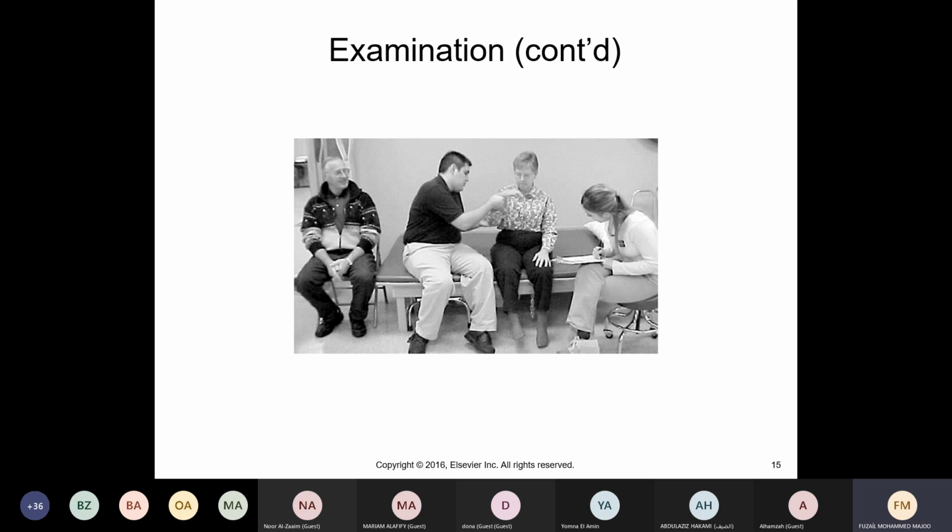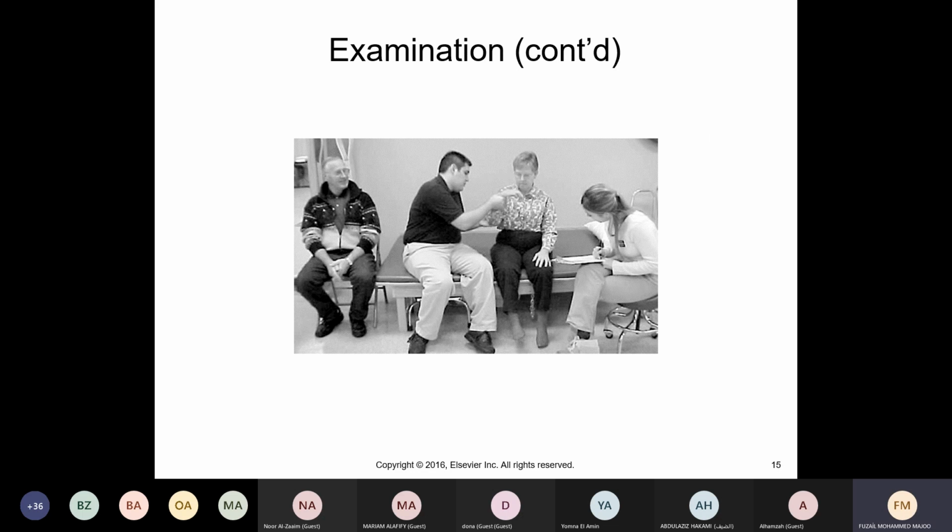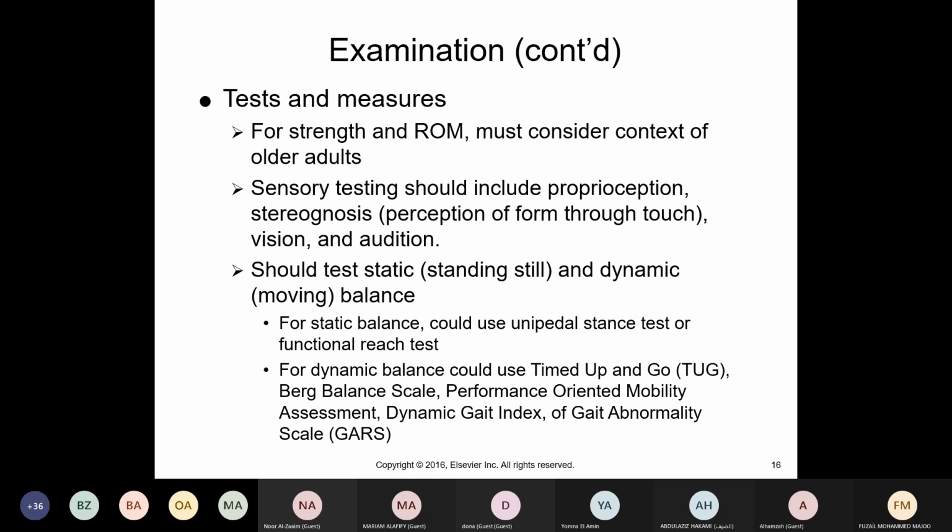Here the physical therapist is doing an examination. This might be the PTA who's documenting, and this guy's just smiling and observing.